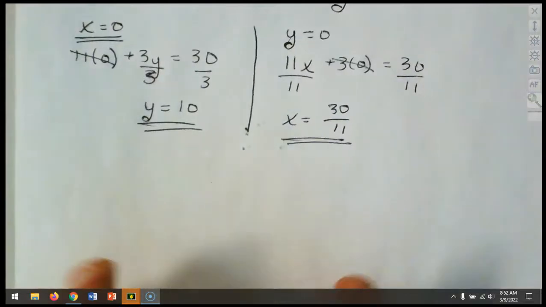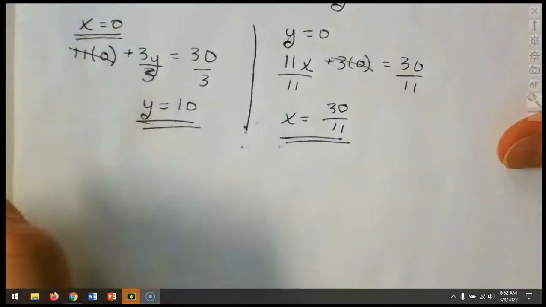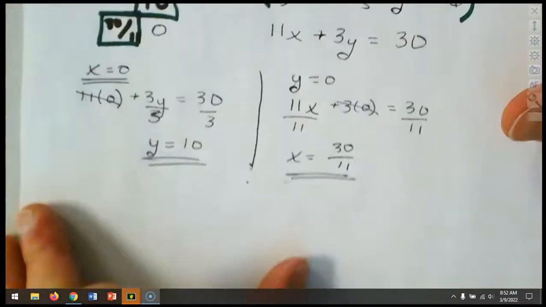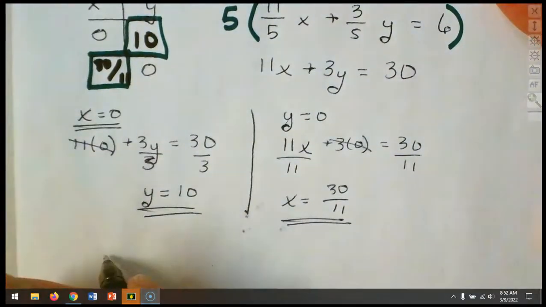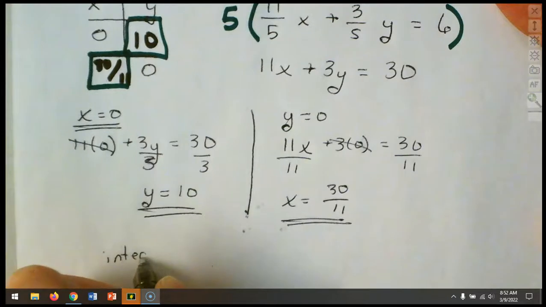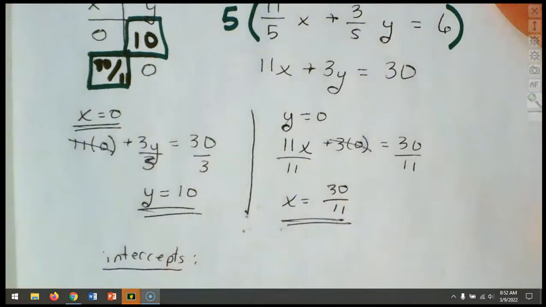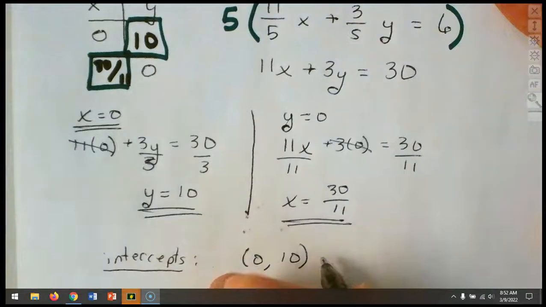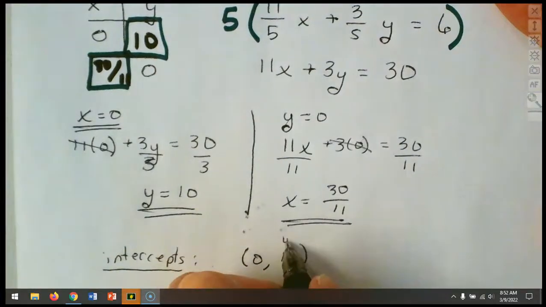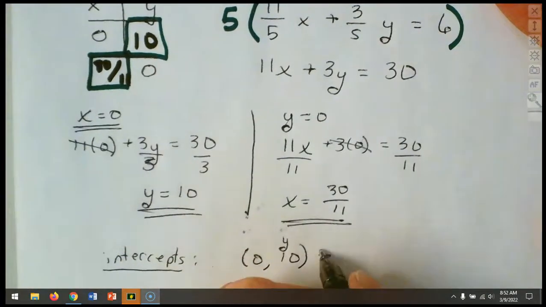So now we've got our ordered pairs. So let's go ahead and write them out from our table. So our intercepts. Let's list them out. We've got 0, 10. And that's going to be your y-intercept, because remember it has a y part, so that's your y-intercept here.